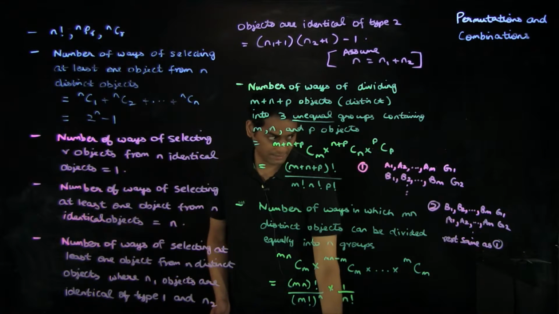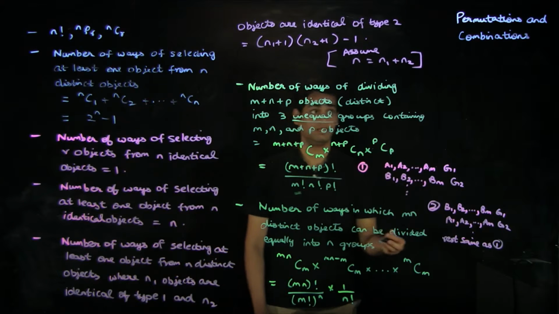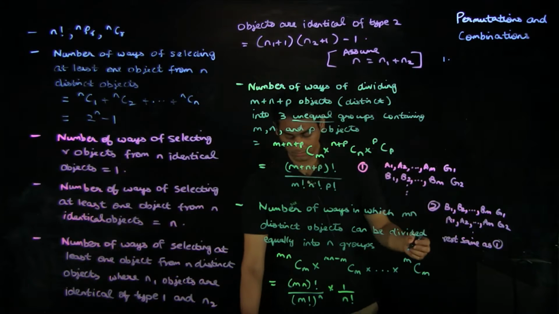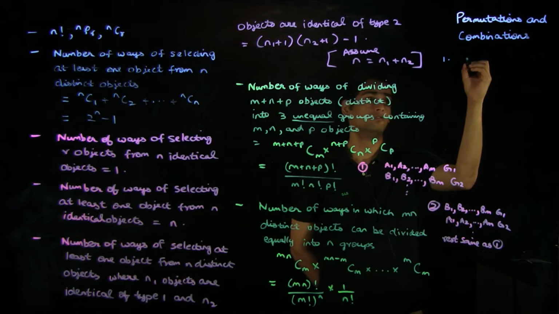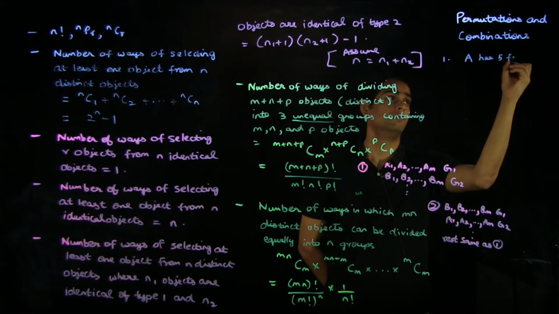So let's see some examples of these results which we've looked at. The first example is: suppose person A has 5 friends.